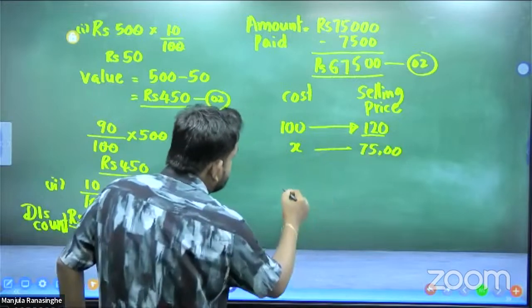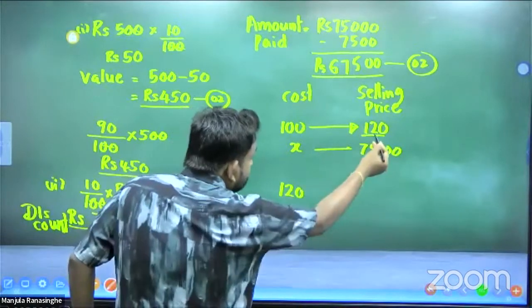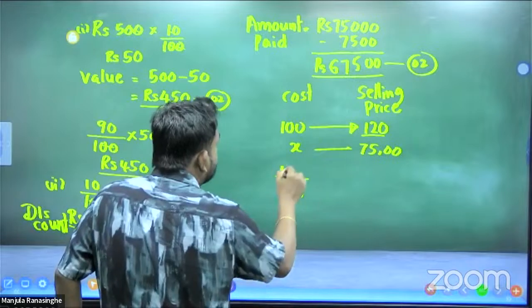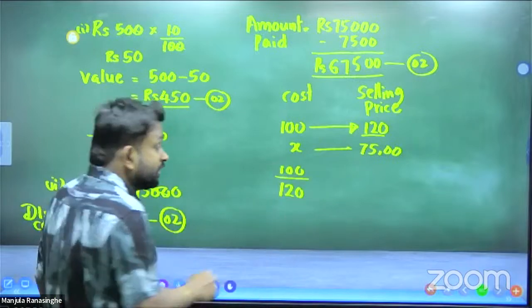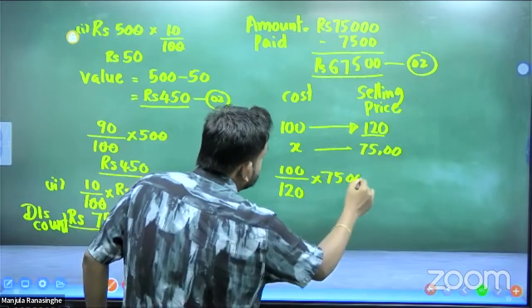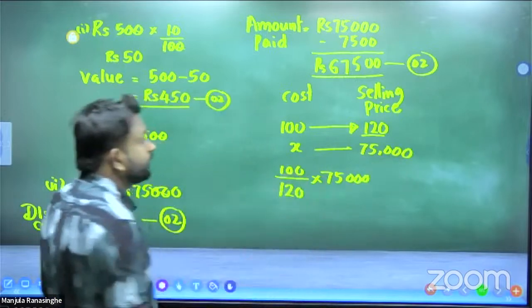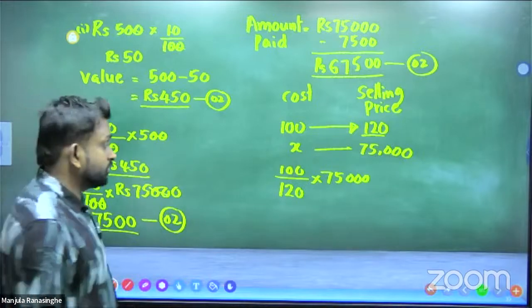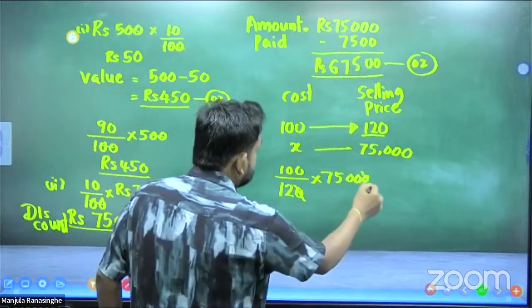If the selling price is 120, then the cost would be 100. Then if the selling price is 75,000, what would be the cost of that? So now you can simplify, 0, 0 cancelled.